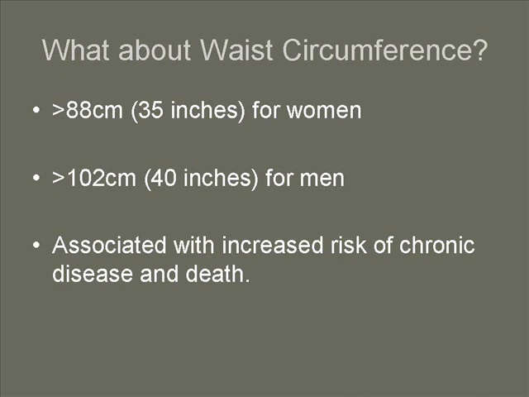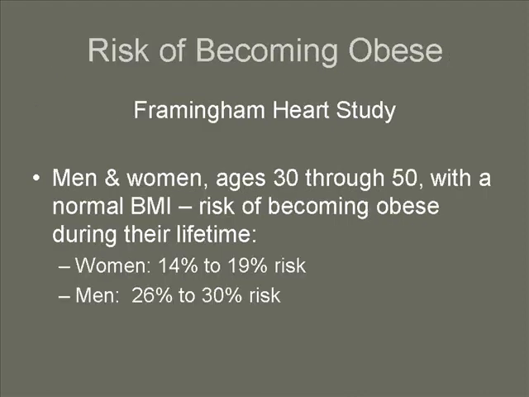Well, people with more abdominal fat are the apple shape, and people with more weight on their thighs are the pear shape. Research has shown that women with a waist circumference of greater than 35 inches and men with a waist circumference of greater than 40 inches are at increased risk of chronic disease and death. And of course, this would be more for the people with the apple shape, more abdominal fat.